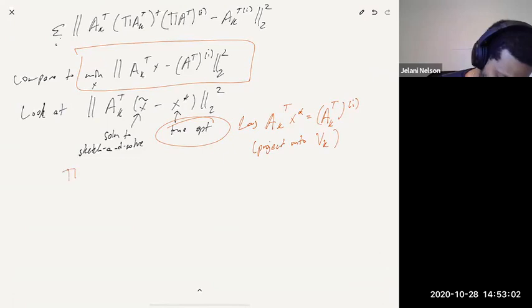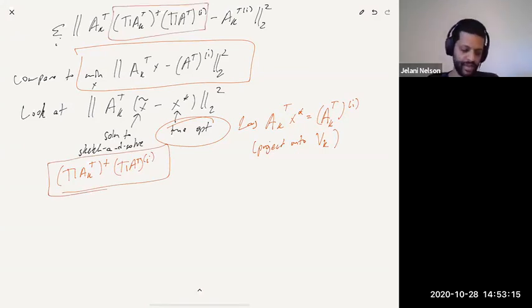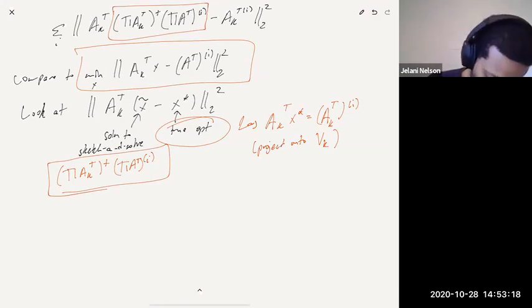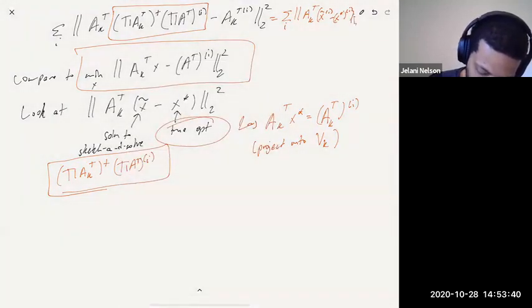This is going to be pi A_k transpose pseudo-inverse pi A transpose I, which is exactly the same as this. So this is exactly equal to the sum over i of A_k transpose x tilde_i minus x star_i, L2 norm squared.